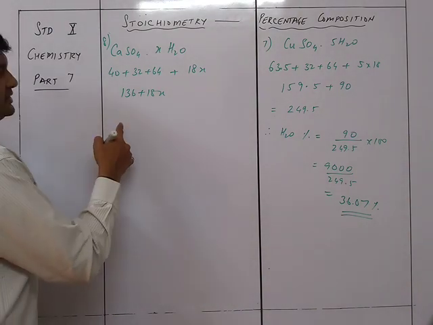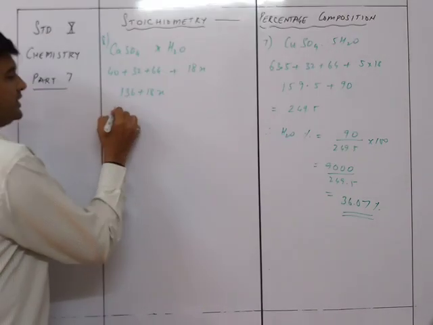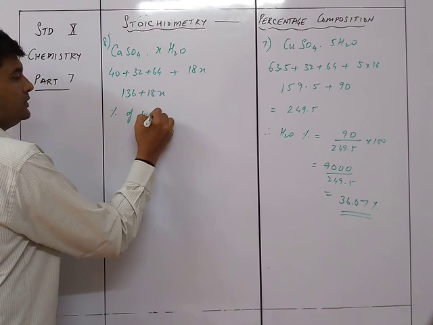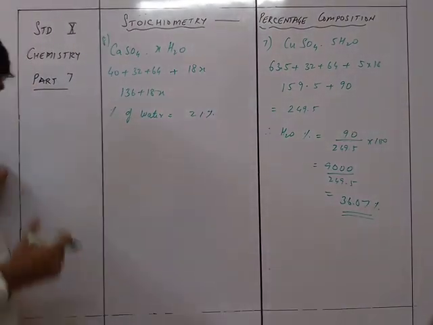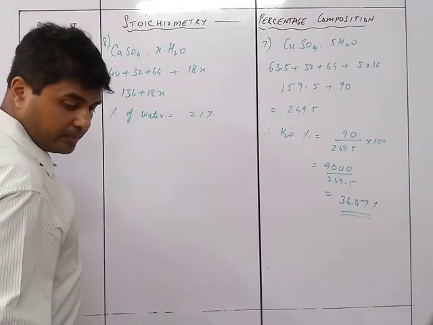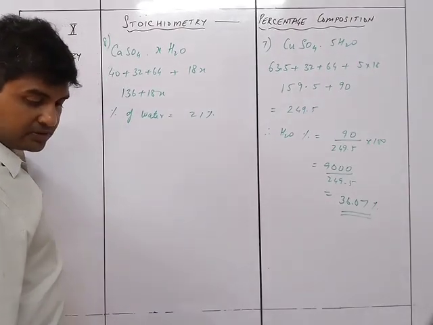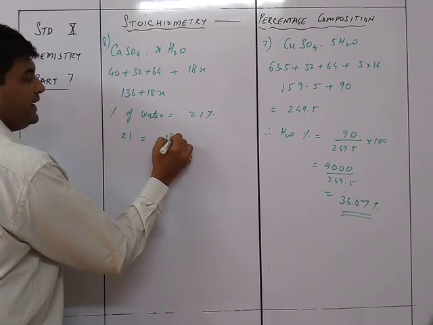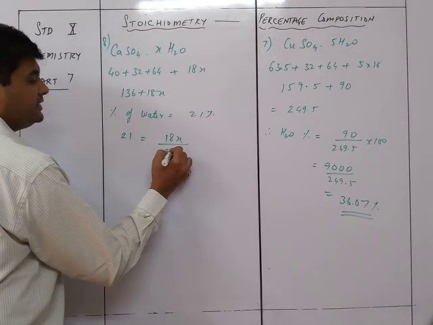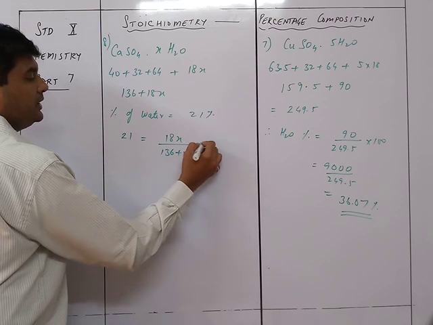It is given that the percent of water is 21%. So 21 is equal to 18x upon 136 plus 18x into 100.